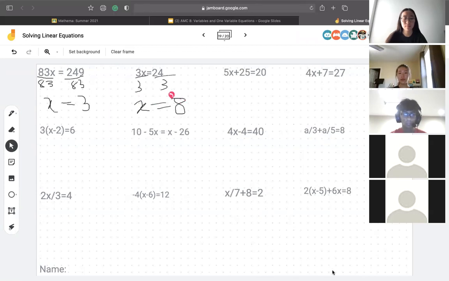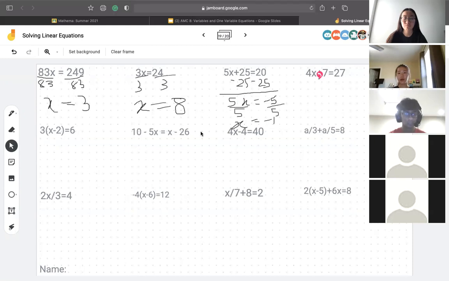Then here we first subtract 25 from both sides, which would get us 5x is equal to -5. Then we just divide both sides by 5 to get our x. So x equals -1. And then this one, we first subtract 7 from both sides.